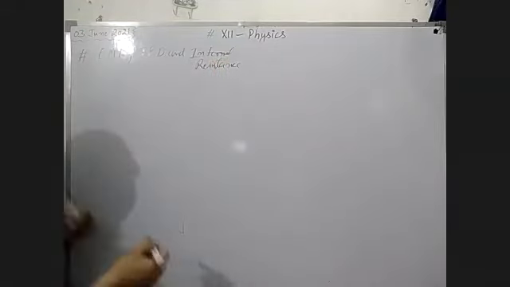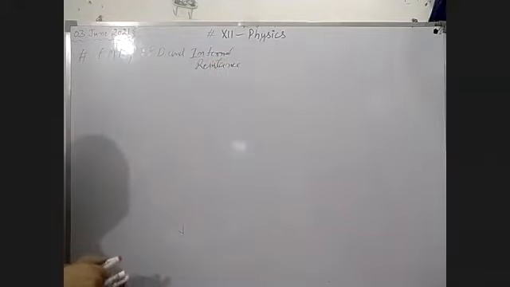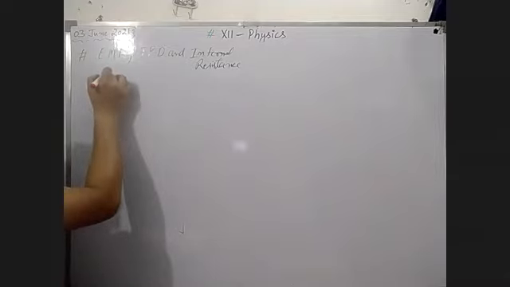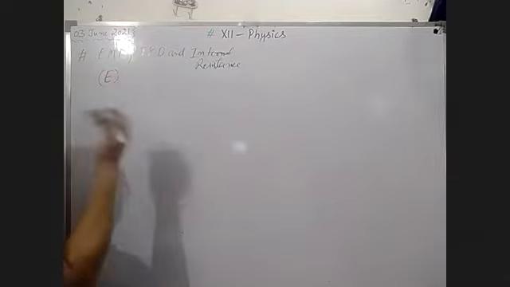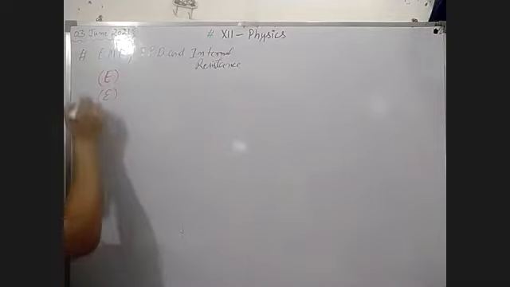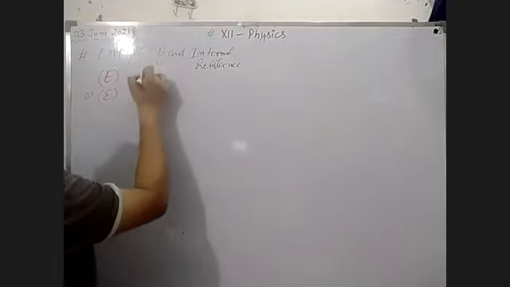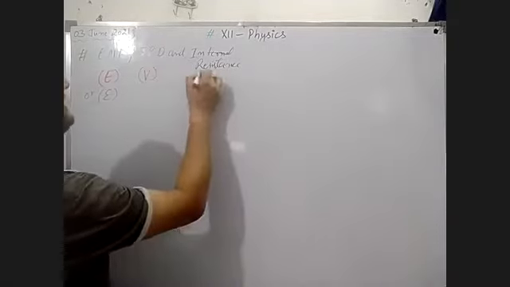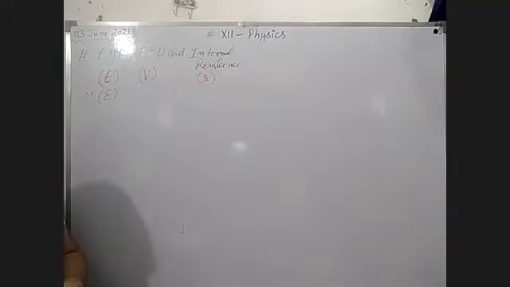EMF is denoted by capital letter E or maybe this type of E in books. Terminal potential difference is denoted by capital V, and internal resistance is denoted by capital R.